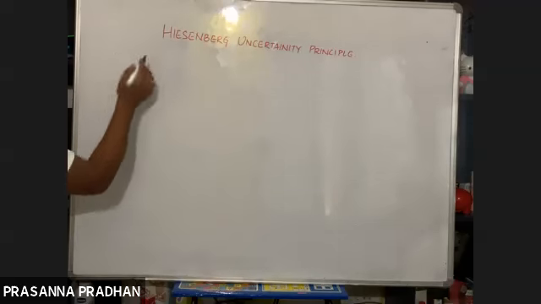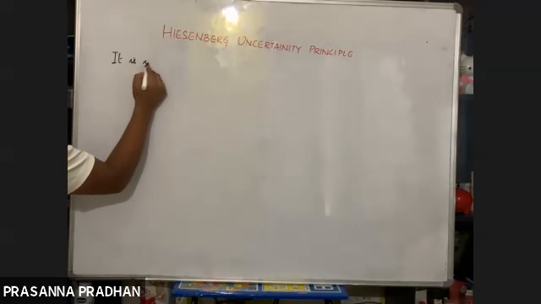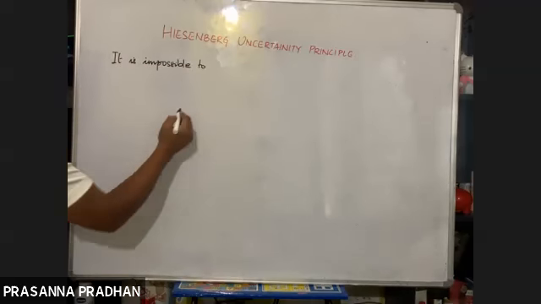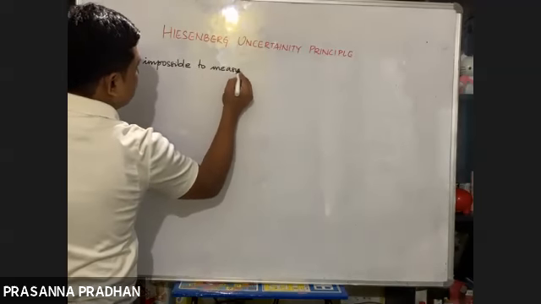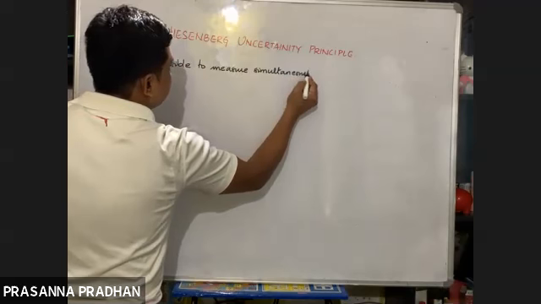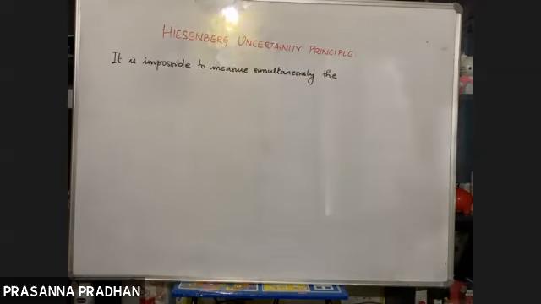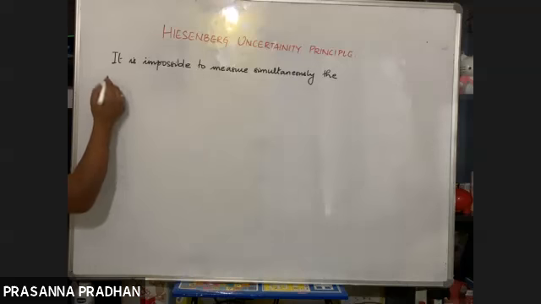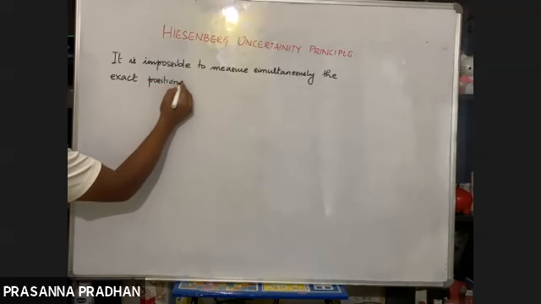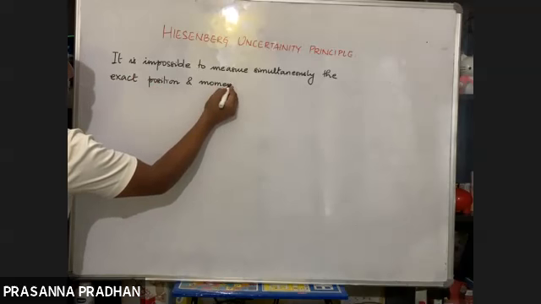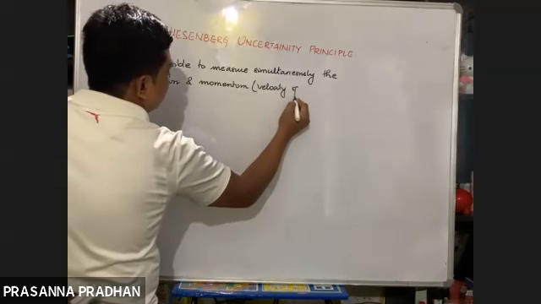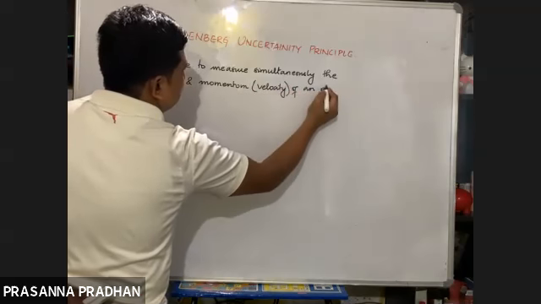So it states that it is impossible to measure simultaneously the exact position and momentum, or we can add velocity as well, of an electron.